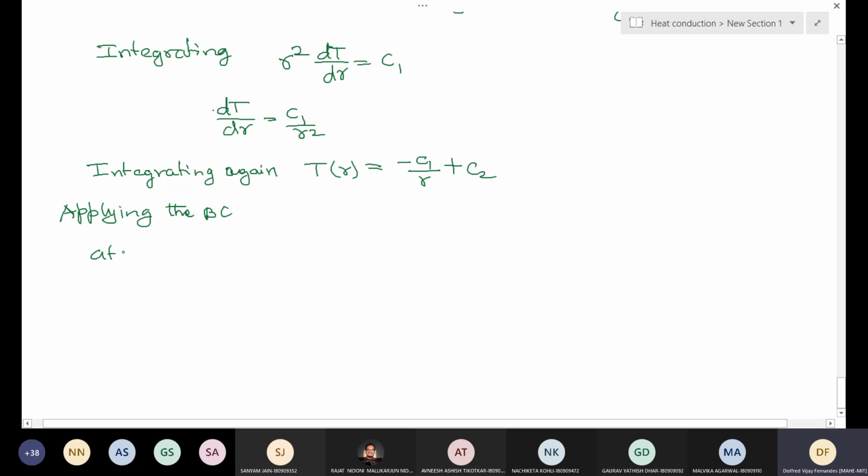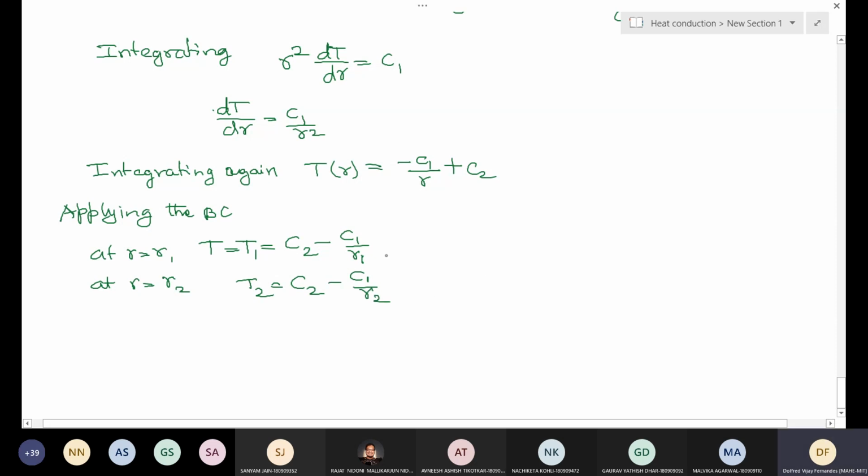At r equal to r1, T equal to T1, so you can write T1 equal to C2 minus C1 by r1, and at r equal to r2, T2 equal to C2 minus C1 by r2.